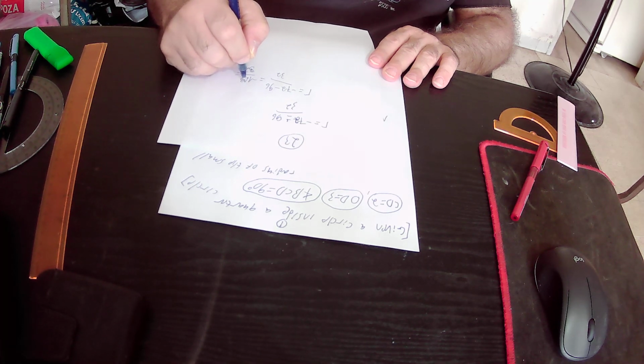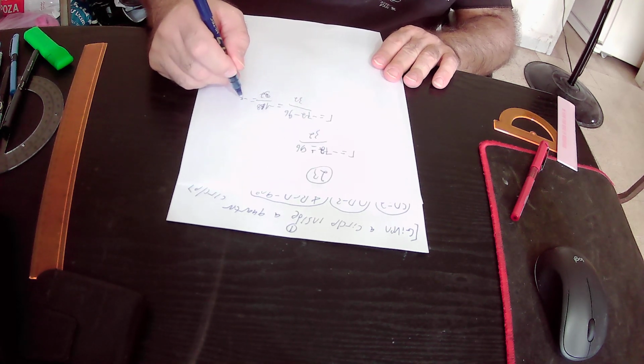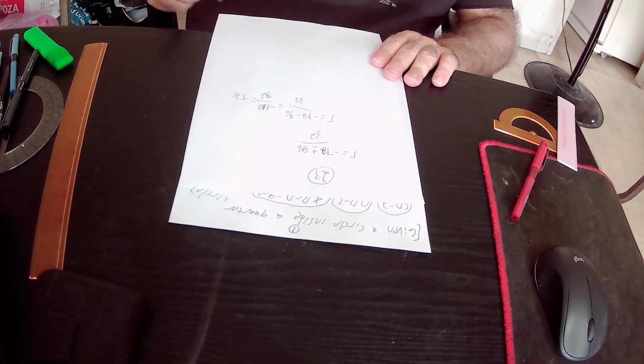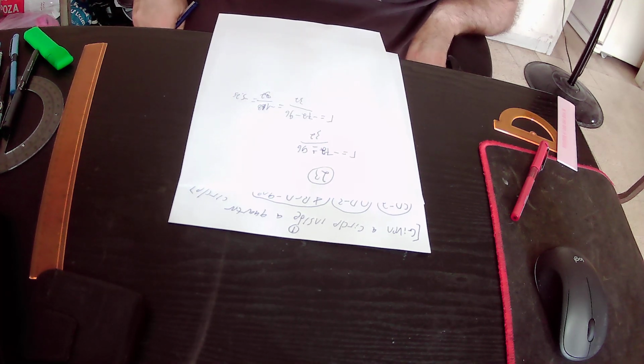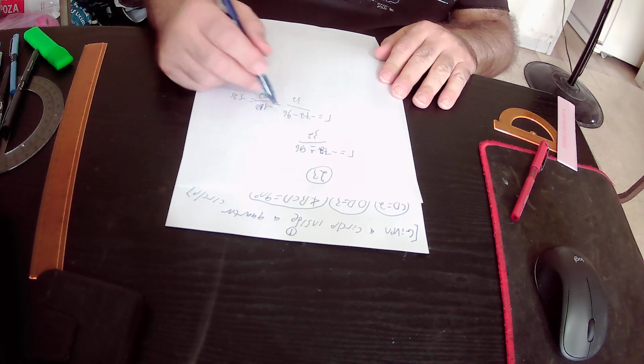It equals to minus 5.25. So the radius that we got is negative, but the radius of a circle must be a positive number, so this solution is incorrect.